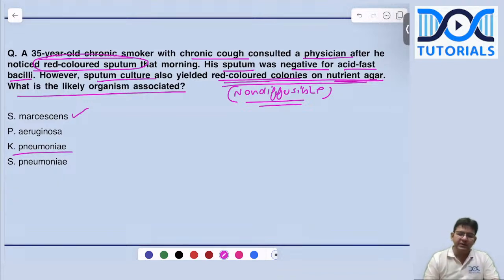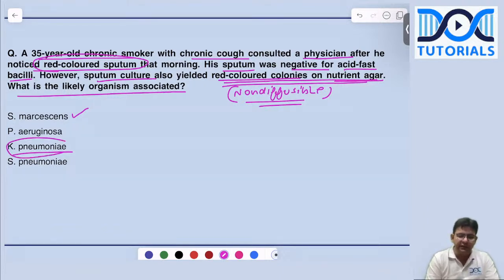Klebsiella does not produce any red colored colonies. And the red colored sputum is due to pseudohemoptysis shown by this organism. The pigment is prodigiosin, a non-diffusible pigment produced on the nutrient agar. So the answer is no doubt Serratia marcescens.